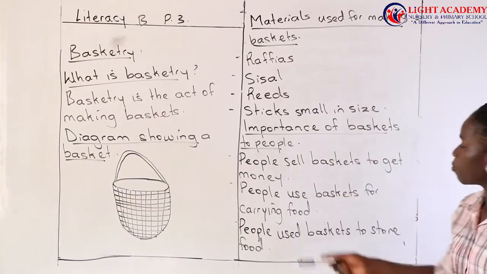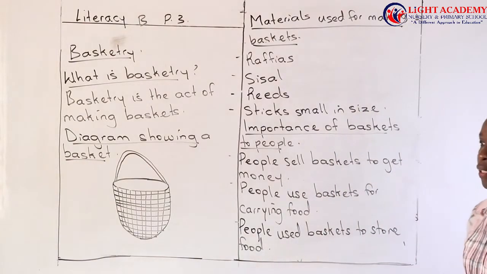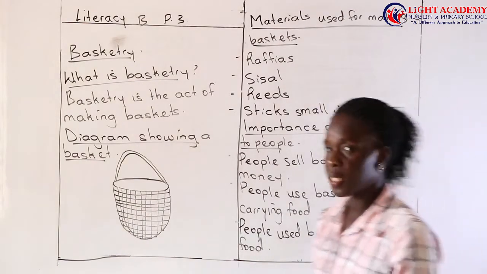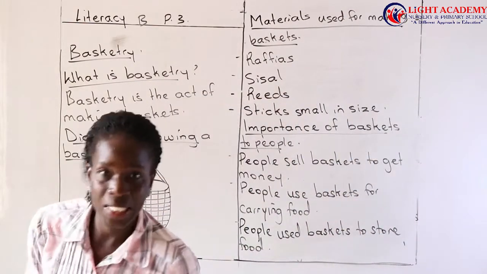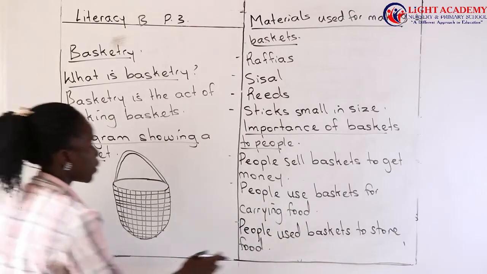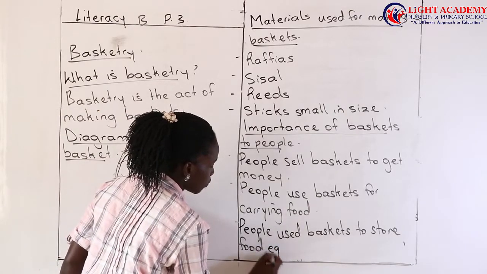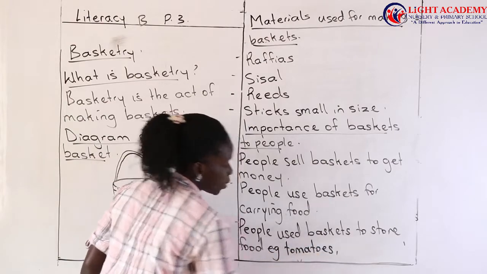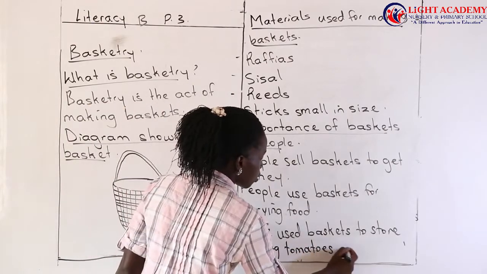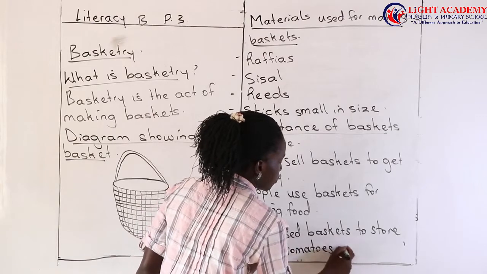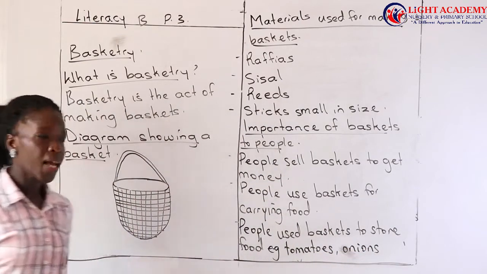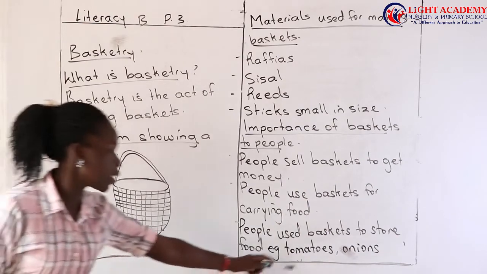So you find that most people who live in the villages store their food in baskets. Just small amounts of food, like tomatoes and onions, and many others. And why would they keep these foods in the baskets?